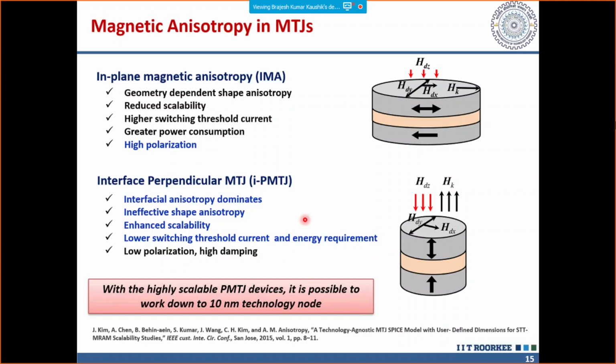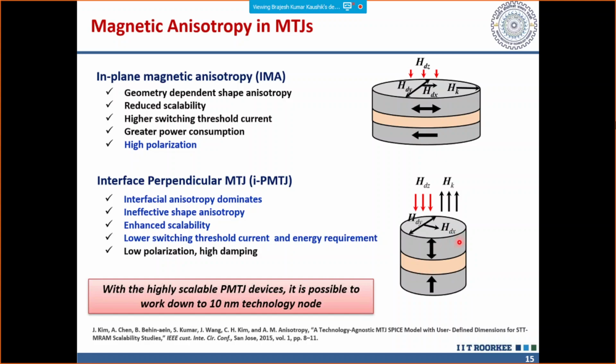Other than this, it has lower switching threshold current, and the energy requirement is also quite less. But the disadvantage is that it has low polarization and high damping. So of course, everything comes with some good and some bad, and that is what has been shown here. But as of date, your interface perpendicular MTJs have really become very popular.